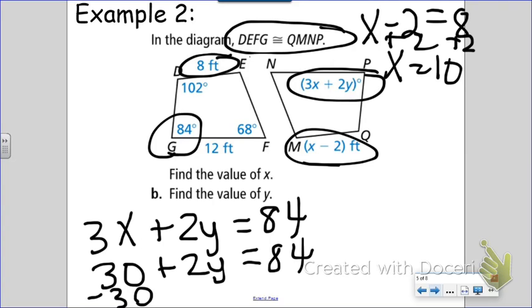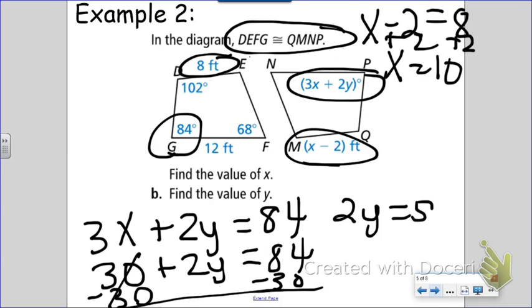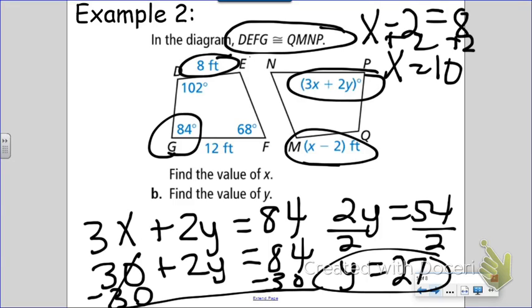Subtract 30 from both sides. 2Y equals 54. Divide by 2. Y equals 27. And X was equal to 10.